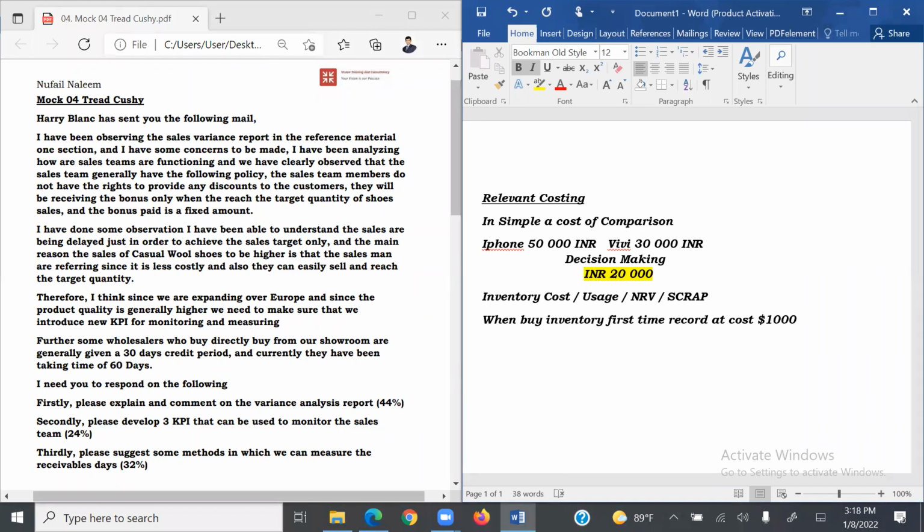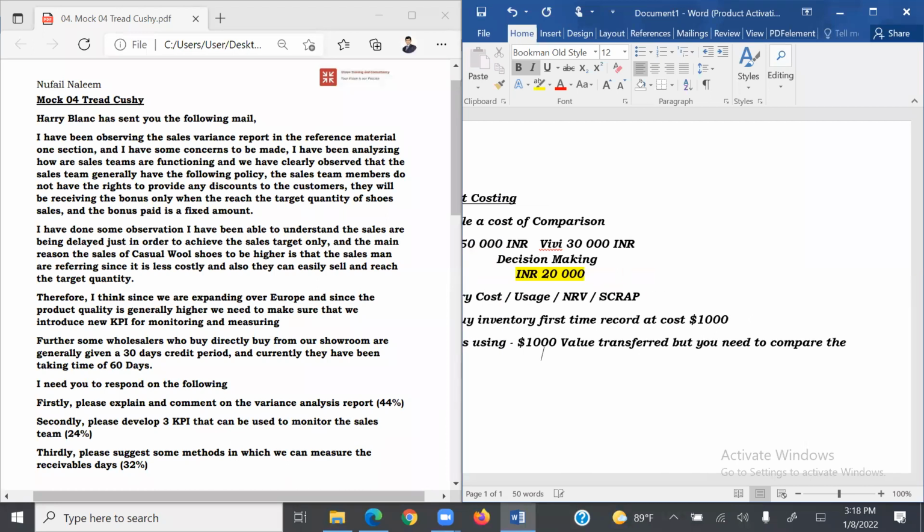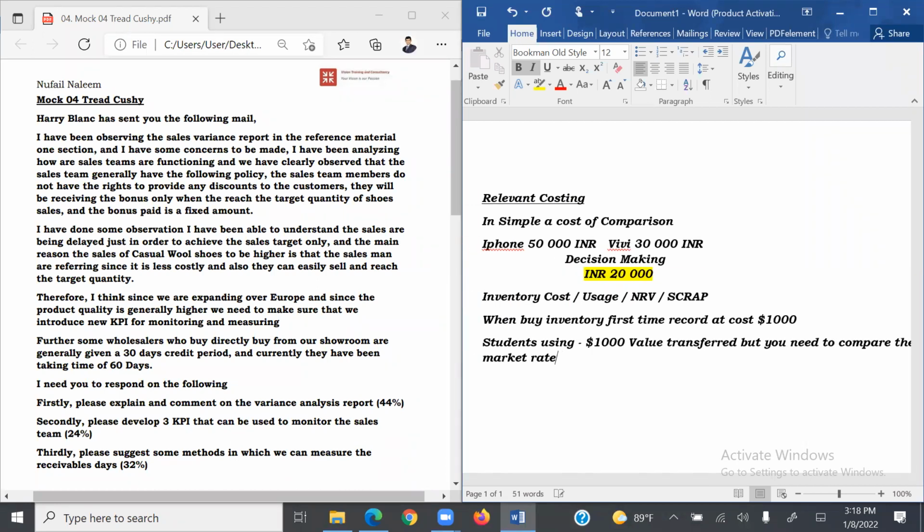Now, students, when you are using it, you need to always see at cost, because the cost values will be transferred, but you need to compare the market rate as well. Now, students, you have 1,000 worth of stocks with you, and the market rate is, let's assume, 1,100.